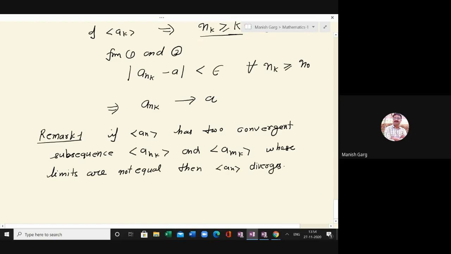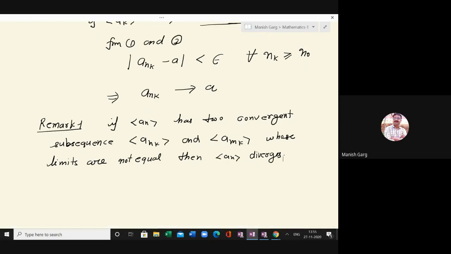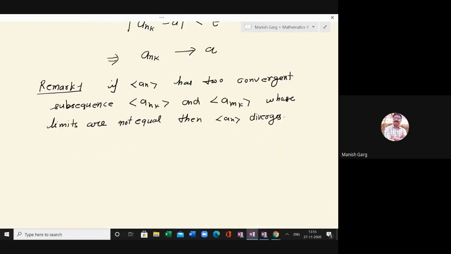From the above theorem, you can conclude this. Suppose you have a sequence and it has two subsequences. According to the above result, both subsequences must converge to the same point. But if you are able to prove that the limits are not equal, they are converging to different points, then you can say the parent sequence will not converge, it will diverge. Because the previous theorem says if a_n converges, both subsequences must converge to the same point.